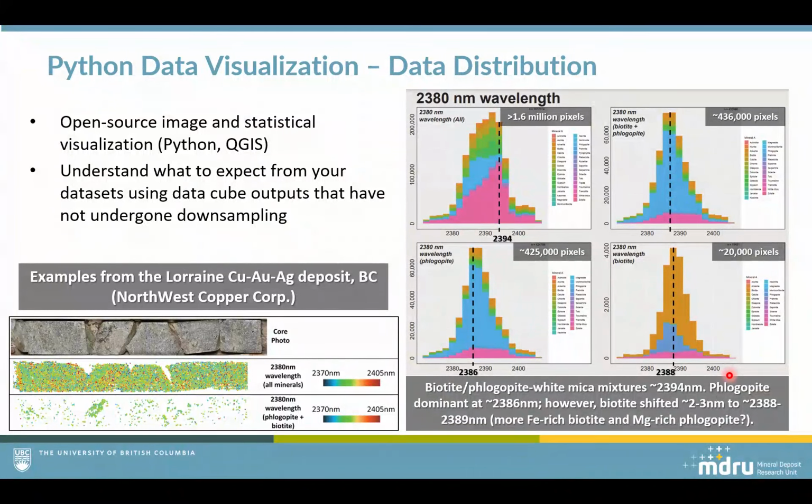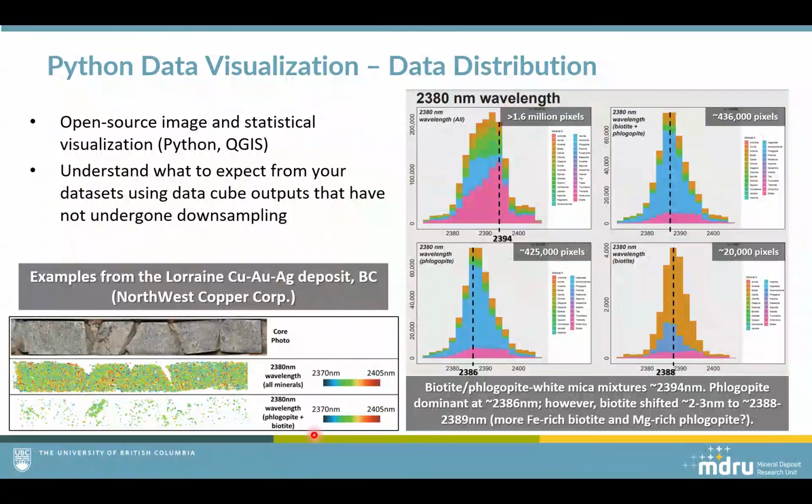On the bottom left is an example from QGIS, where we have all 2380 nanometer wavelength pixels across this 30 centimeter core length. And the bottom image is the filtered parameter, where we're only reporting mineral ID calls for phlogopite and biotite.